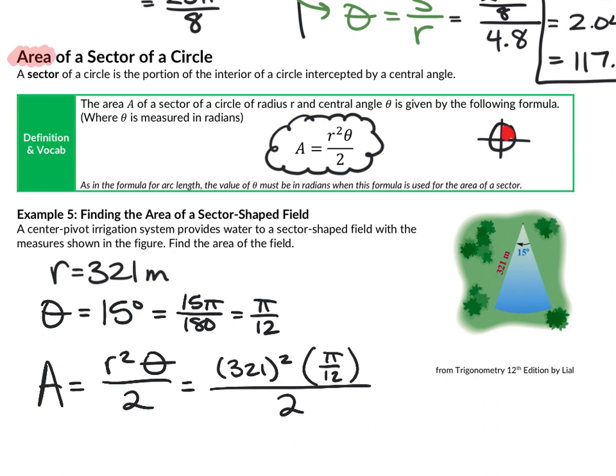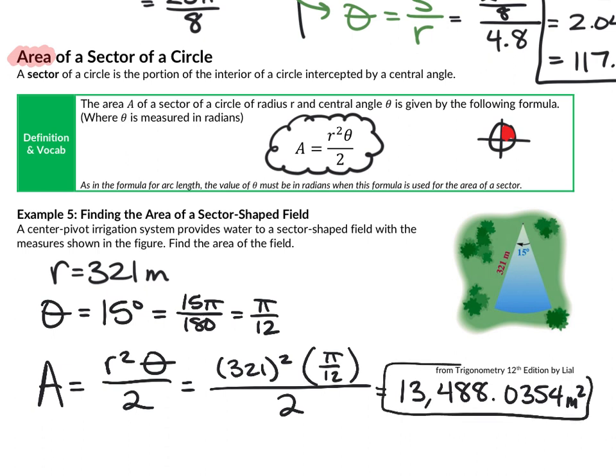As long as you make sure to put that theta into radians, you just fill in what you know and you solve for the area, which should be a large number, 13,488.0354 meters squared. And if that's true, that is a very powerful irrigation system. Because in my mind, this was like a sprinkler in a yard, and if it's covering that many square meters, it must be real powerful.